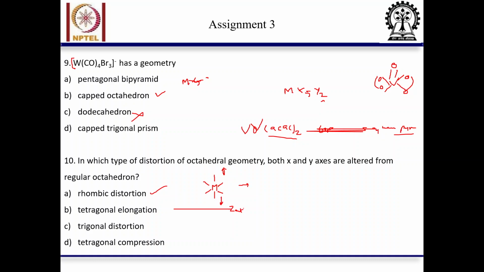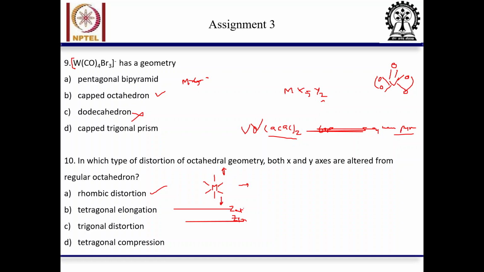Or you compress both ligands, that is called z-in. So this is tetragonal distortion: one is elongation, the other is compression, where only the M-L bonds in the z direction change.